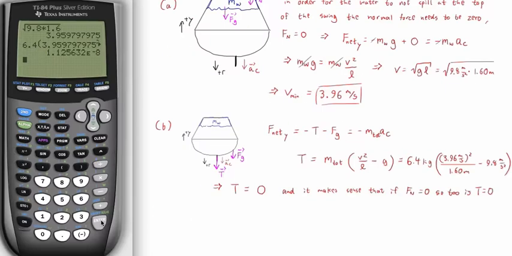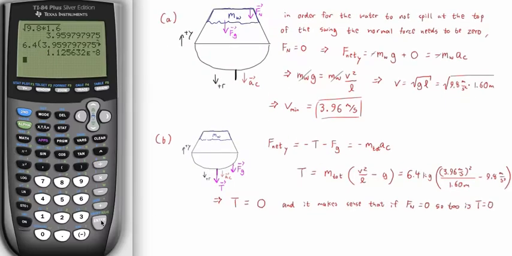Okay, so let's tackle part C. So in this case, the normal force is given, or desired, as 20 newtons. All right, so let's set up our forces in the y direction.